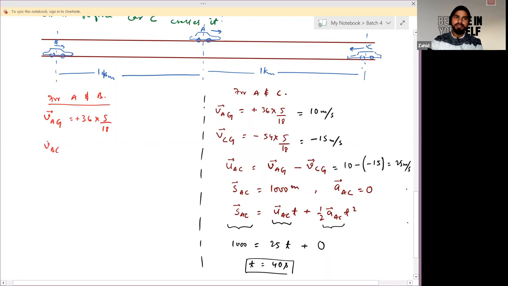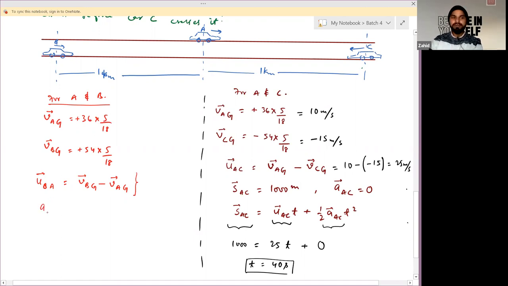Velocity of car B with respect to ground is also along positive direction, so it will be 54 into 5 by 18. Now using these two terms, you may find initial velocity of B as B is approaching towards A: velocity of B with respect to A equals velocity of B with respect to ground minus velocity of A with respect to ground, and since reference is same, there will be negative sign. Put your values in this part to find initial velocity.